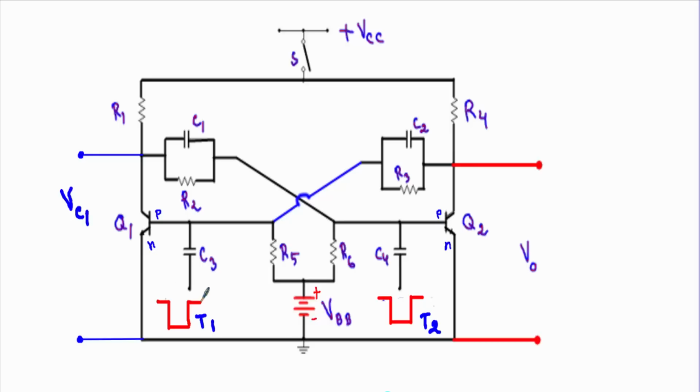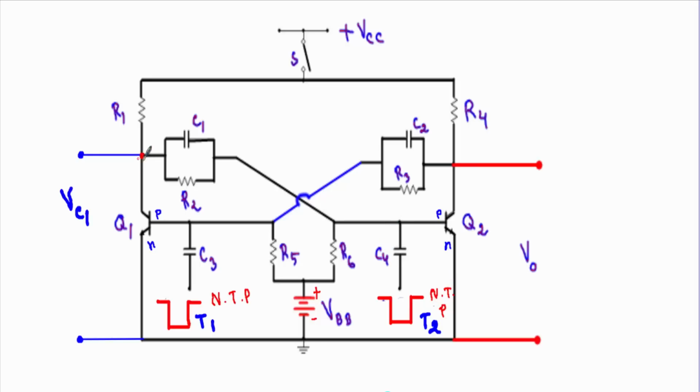I am applying a negative triggering pulse T1 at the base of transistor Q1 through the capacitor C3, and another negative triggering pulse at the base of transistor Q2 using the capacitor C4.